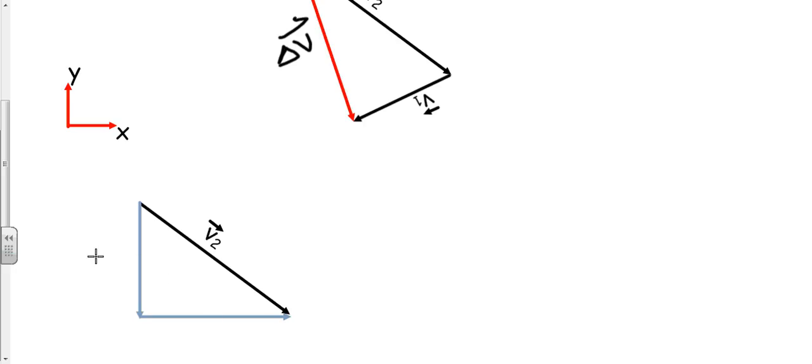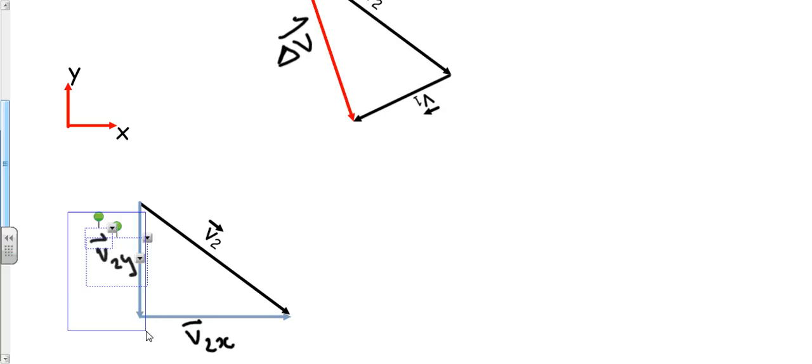So this one here is called V2Y, and this one here will be V2X. And these are still vectors, so we'll summarize them that way. We'll make sure that we have our indication that they're vectors by putting the vector sign on them.